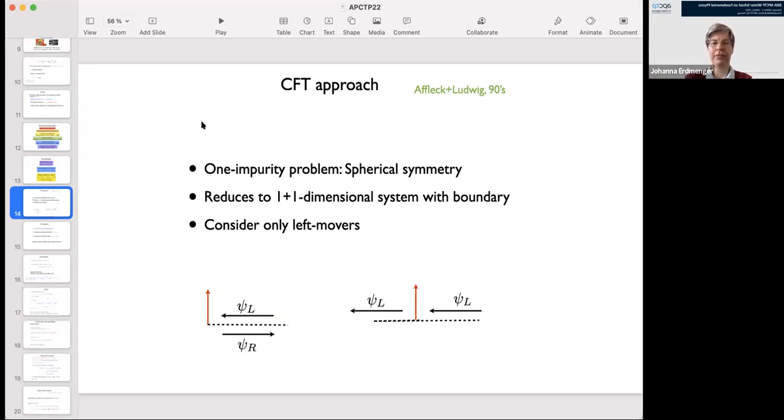Then if we introduce polar coordinates, we have a radial component which goes from 0 to infinity, and time. And so this reduces really to a 1+1 dimensional system, but there's a boundary when r is equal to 0.